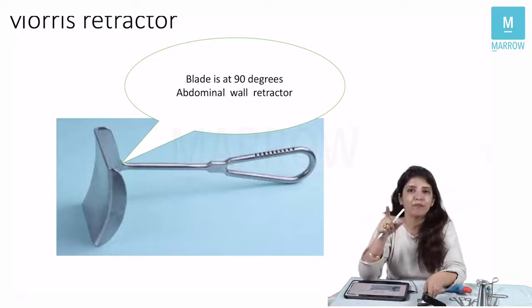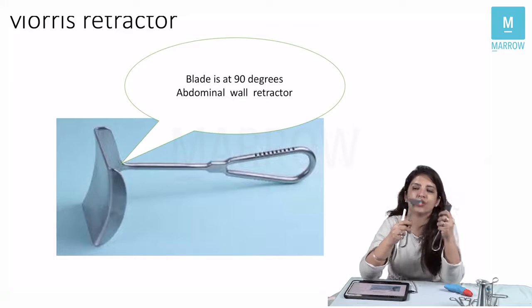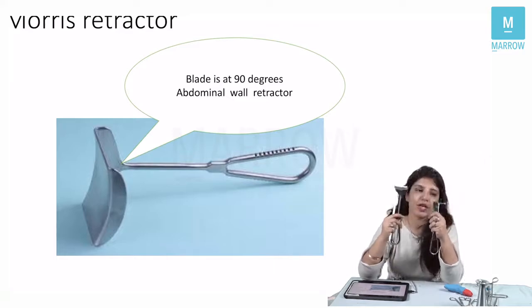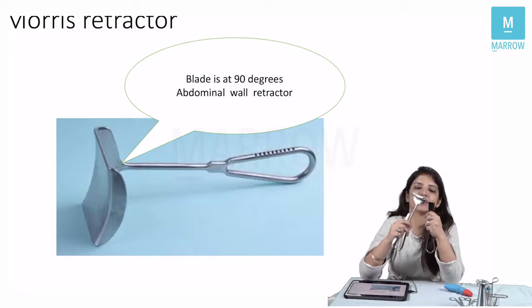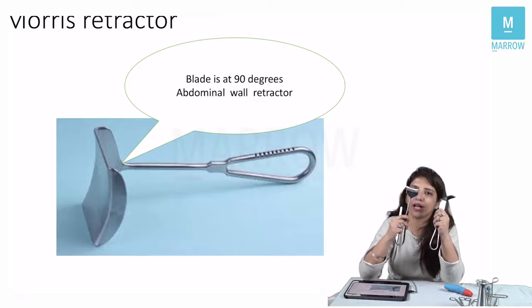Now, what is important is that you have to know how to differentiate between Landon's, Doyen's and Morris. You can differentiate between Landon and Doyen's on the basis of the blade. In Landon, it is straight and it is at 90 degrees to the handle. It's narrow. In Doyen's, it is broad and curved.